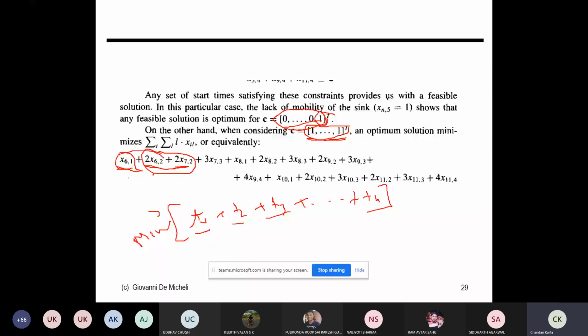And this is T7, this is T8, this is T9 till this point. So I'm putting all the values of T1, T2, T3.